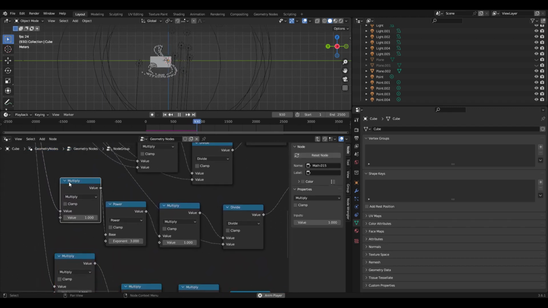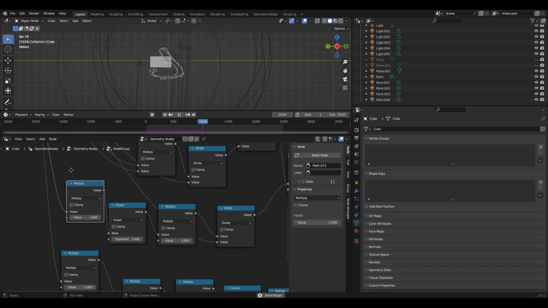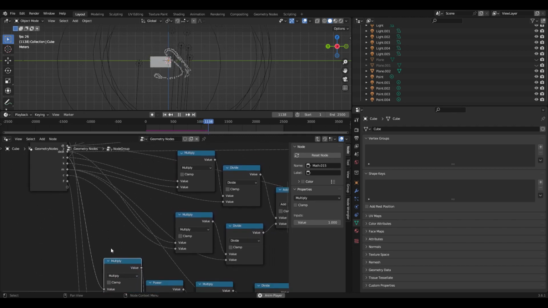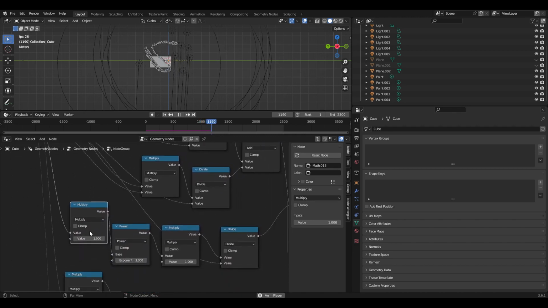And then here, x is going down into this multiply, and I was playing around with factors on x before. I take it to the power of 3 here, and then after, and I decided I'll just show you the example where these are all 1.